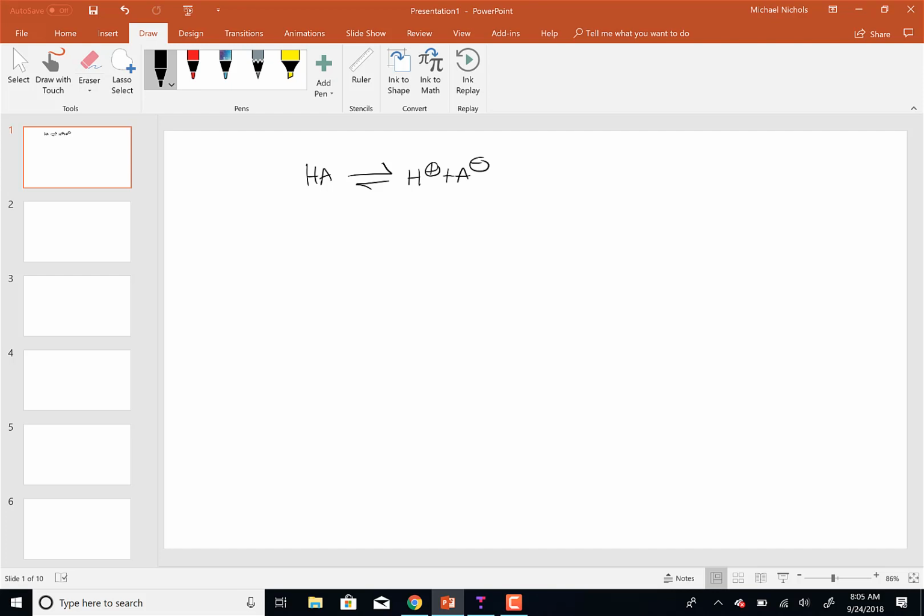So what we said was that anything I can do to make the conjugate base more stable is going to push the equilibrium to the right and make HA a stronger acid. Okay. So anything I can do to make it more stable, that's what's going to make it a stronger acid.